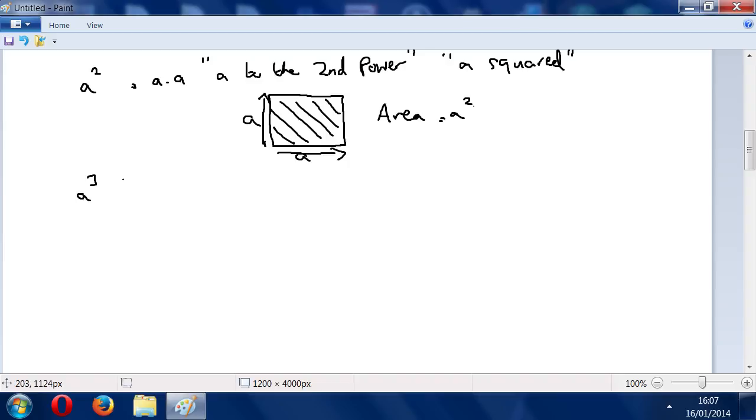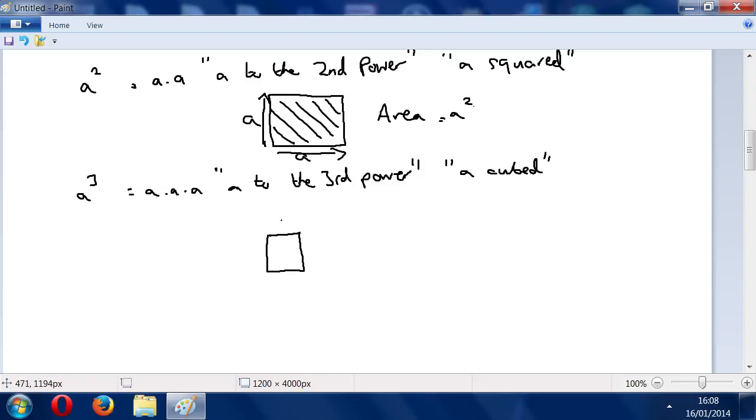With a to the 3, we'll say a times a times a. So 3 of those, and this can be said a to the third power, and that's going to be a cubed. We can see similarly the geometric form for that.